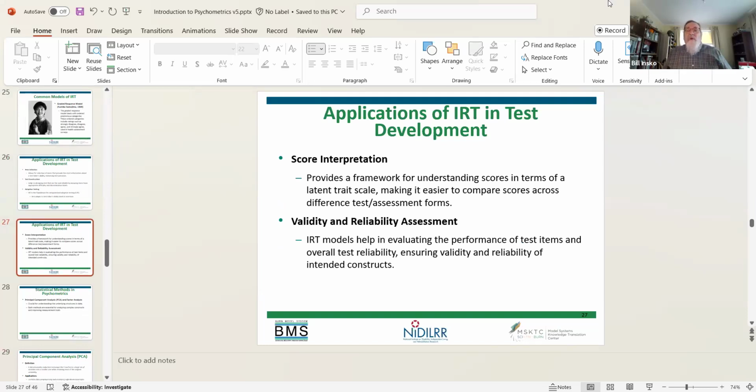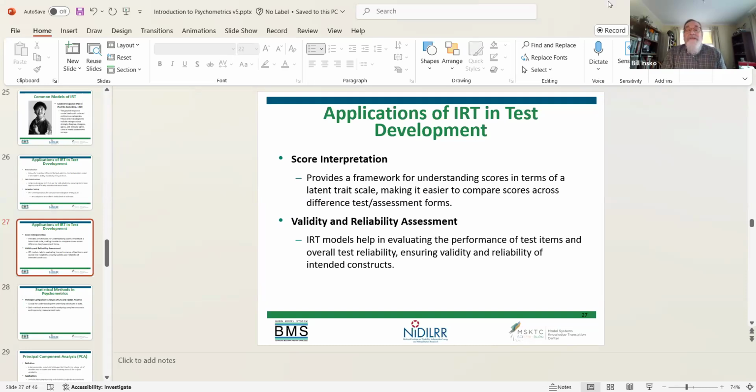In terms of score interpretation, let's say I just have a raw score on something, like 40 points, and someone else has 30 points. You don't really know what that looks like on the underlying scale if you're just looking at raw scores. But in terms of IRT, the IRT results are put on that latent trait scale. I know that one of the groups I work with here at the university likes to have a mean of 50 and a standard deviation of 10 when they develop their scales.